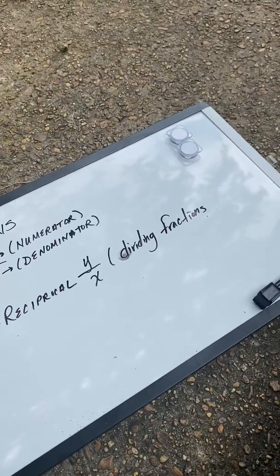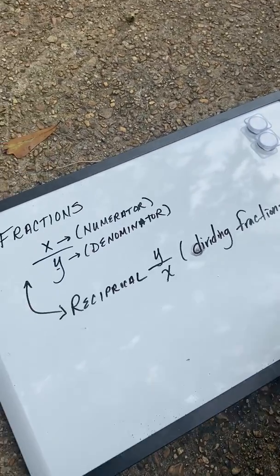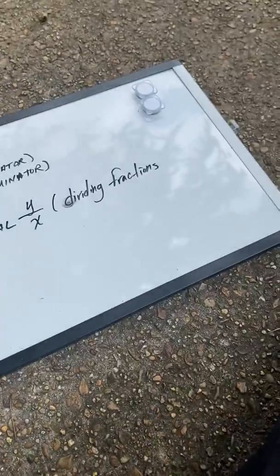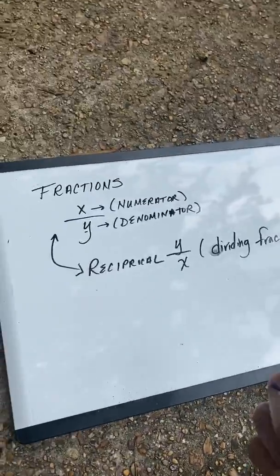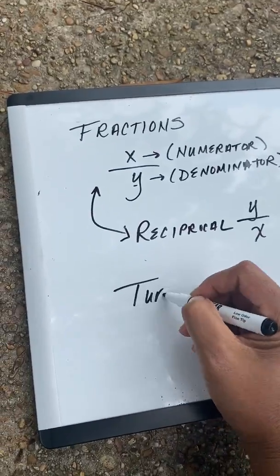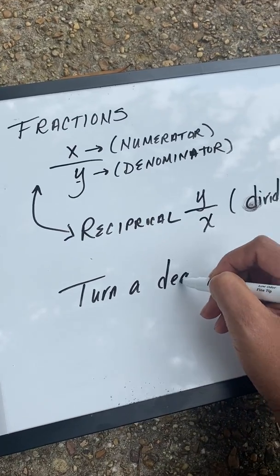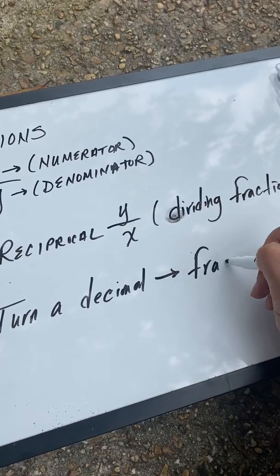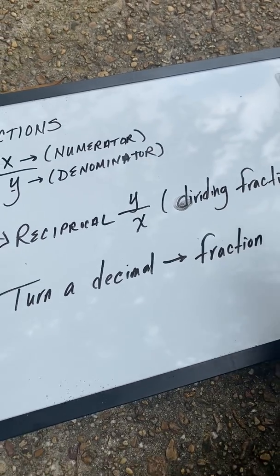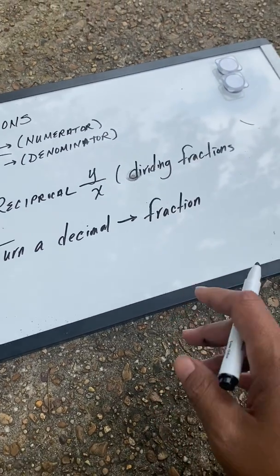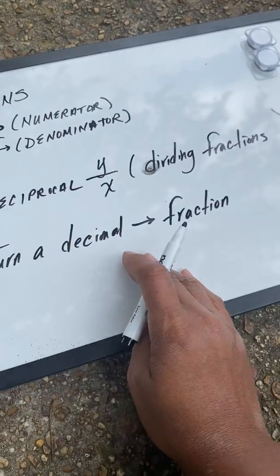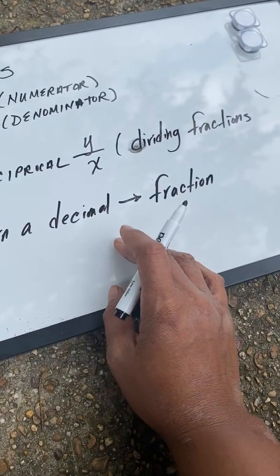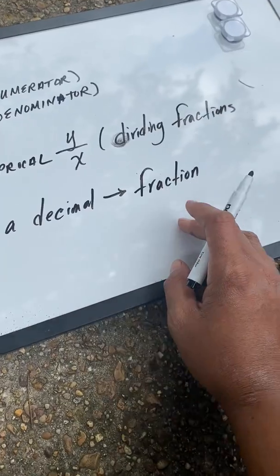First things first, how can we turn a decimal into a fraction? If we have a word problem and it says convert this decimal into a fraction.